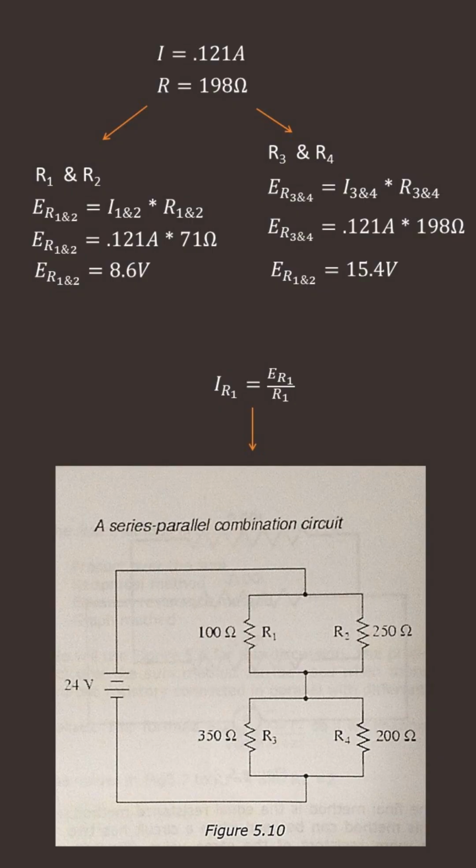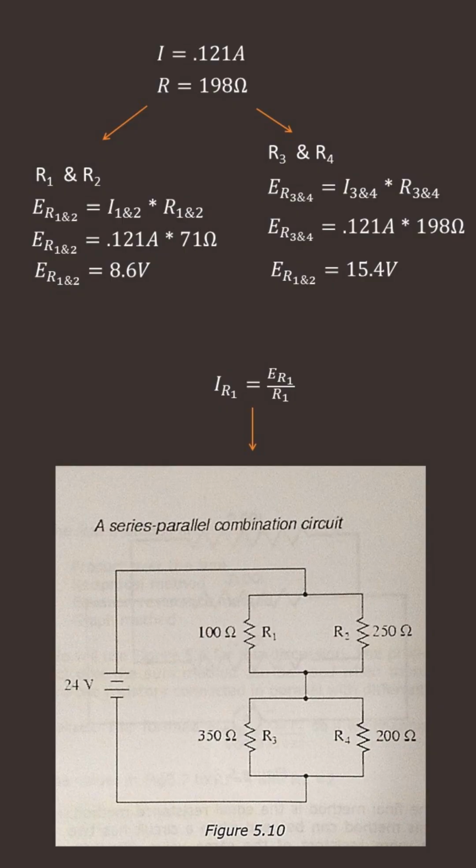The first leg will be ER1 and 2 equals 0.121 amps times 71 ohms, which equals 8.6 volts. The second leg will be ER3 and 4 equals IR3 and 4 times R3 and 4. So ER3 and 4 equals 0.121 times 127 ohms, which equals 15.4 volts.